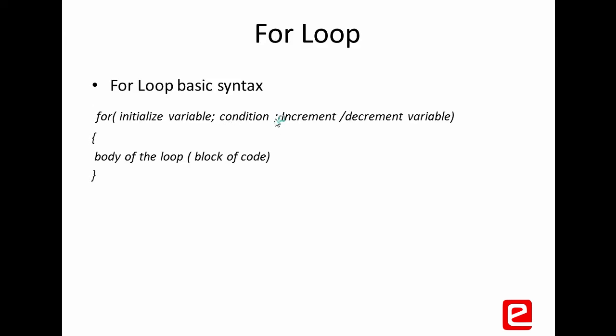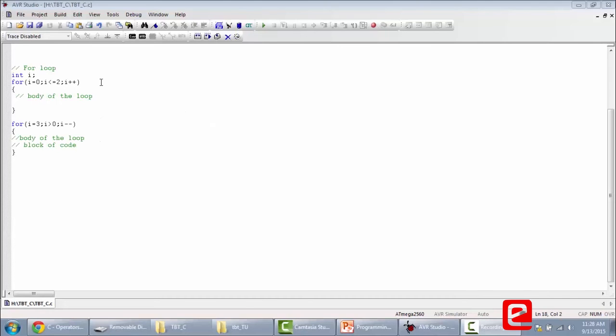Then within a set of two curly braces, the body of the loop is written. All the statements which are written between these two curly braces will be a part of this for loop. This syntax will be more clear after we see an example. So here's an example of a for loop.